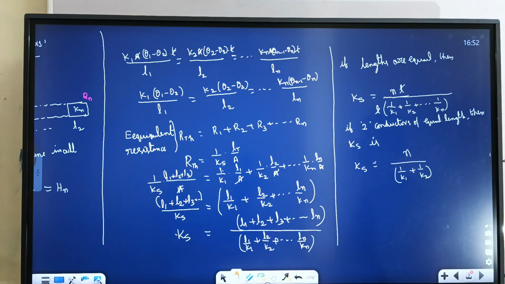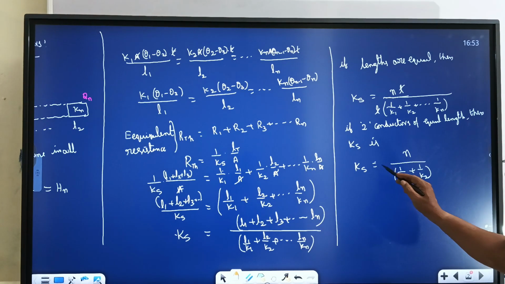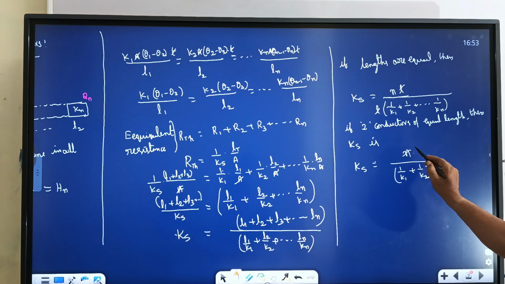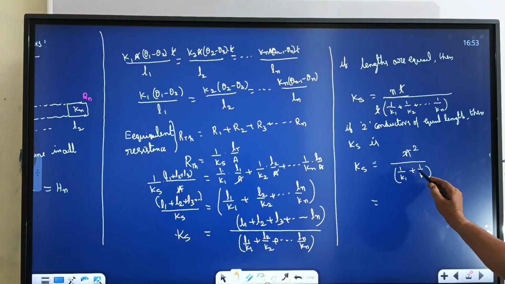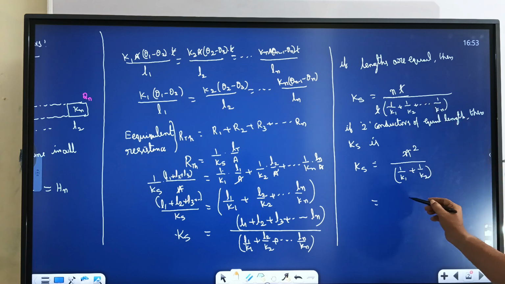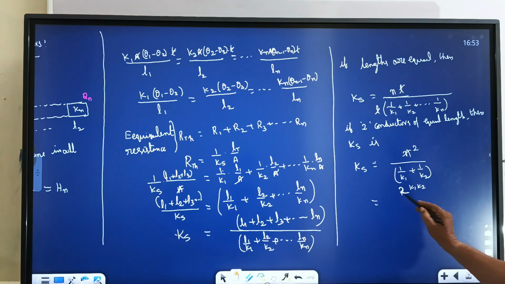Now take LCM and reciprocate. Take LCM, and the n value is 2. That gives K2 plus K1 in the denominator, so K1, K2 LCM. That is 2 into K1 K2 divided by K1 plus K2.